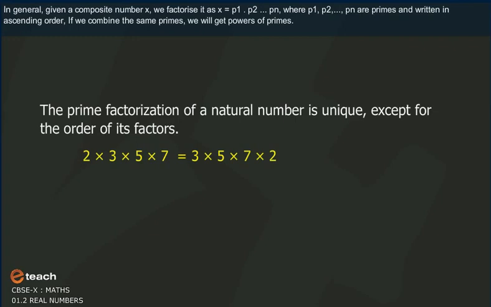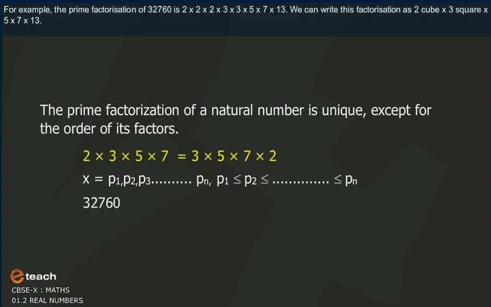In general, given a composite number x, we factorize it as x is equal to p1, p2, and so on up to pn, where p1, p2, and so on up to pn are primes written in ascending order. If we combine the same primes, we will get powers of primes.